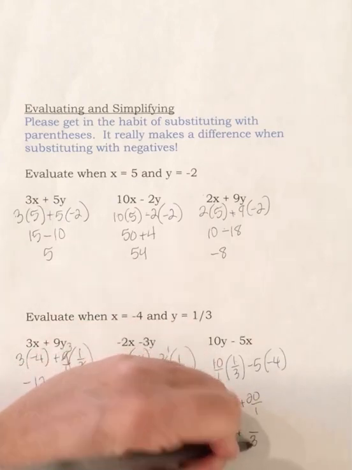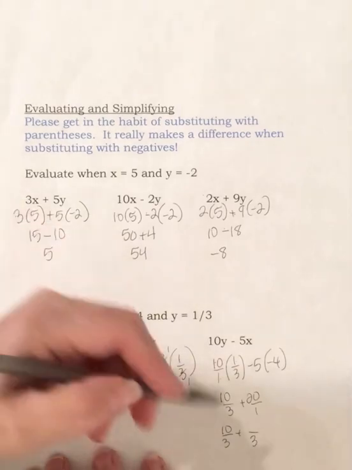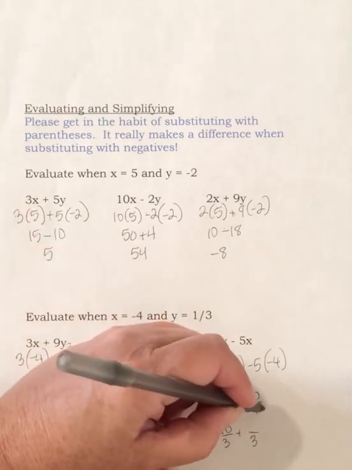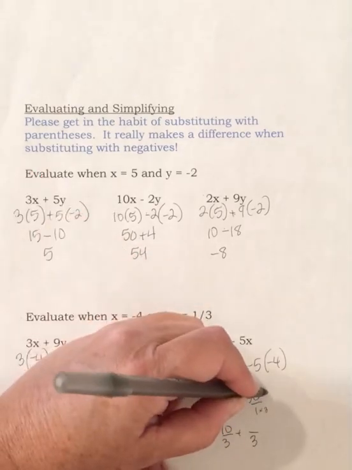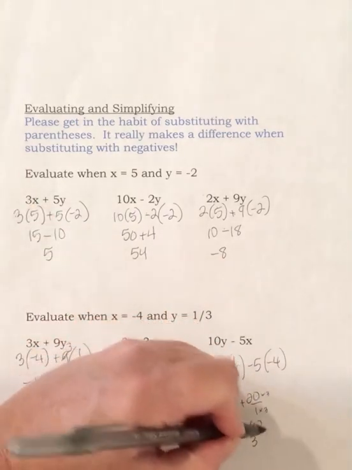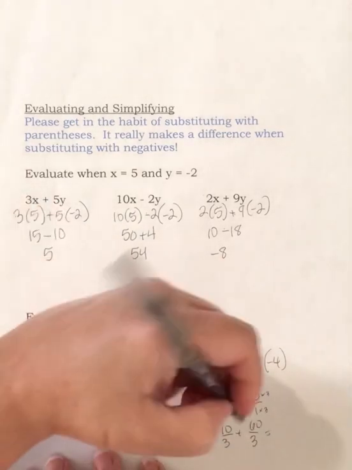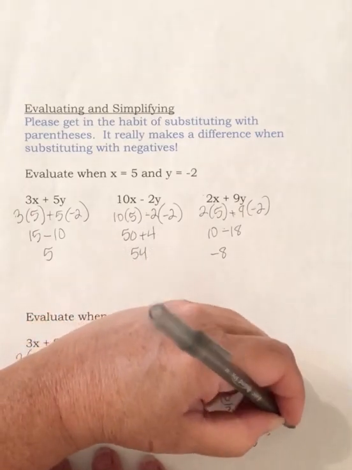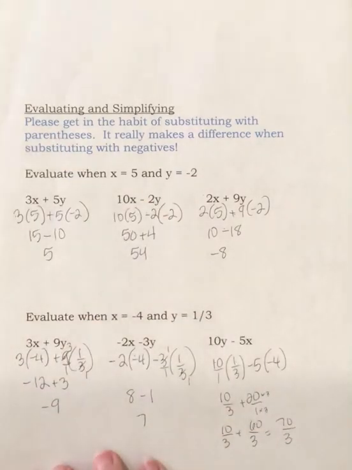But if I change this denominator to 3, I did that by multiplying 1 times 3. And if I do it to the bottom, I have to do it to the top. 20 times 3 is 60. So when I add, 10 plus 60 is 70. The denominator stays the same. That is in lowest terms so that I could leave it like that even though it's an improper fraction.